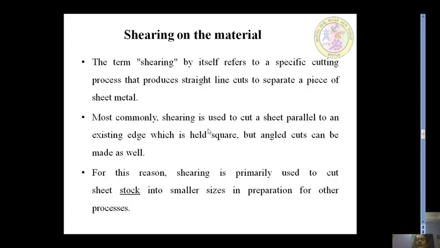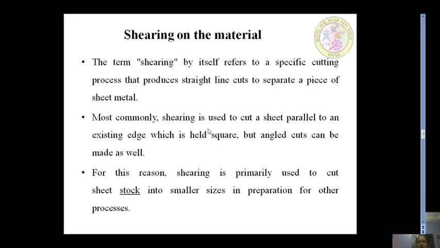The term shearing by itself refers to a specific cutting process that produces straight line cuts to separate a piece of sheet metal. Commonly, it is used to cut a sheet parallel to an existing edge which is held square, but angled cuts can be made as well.